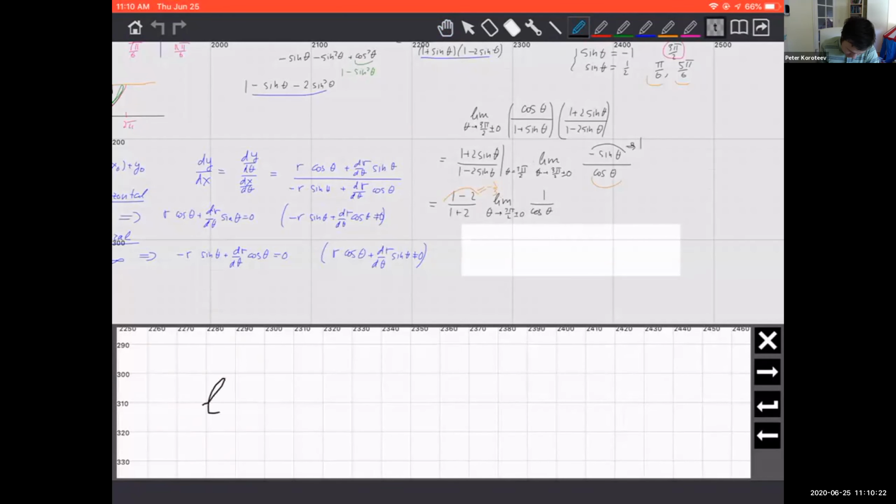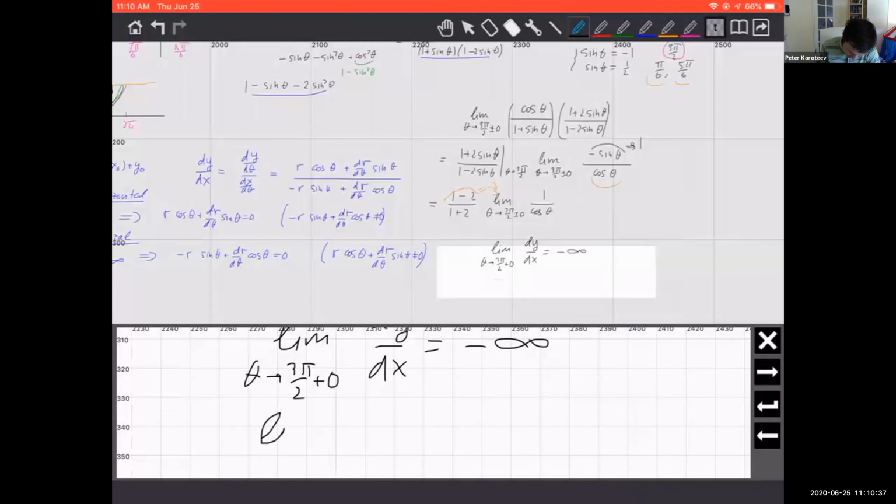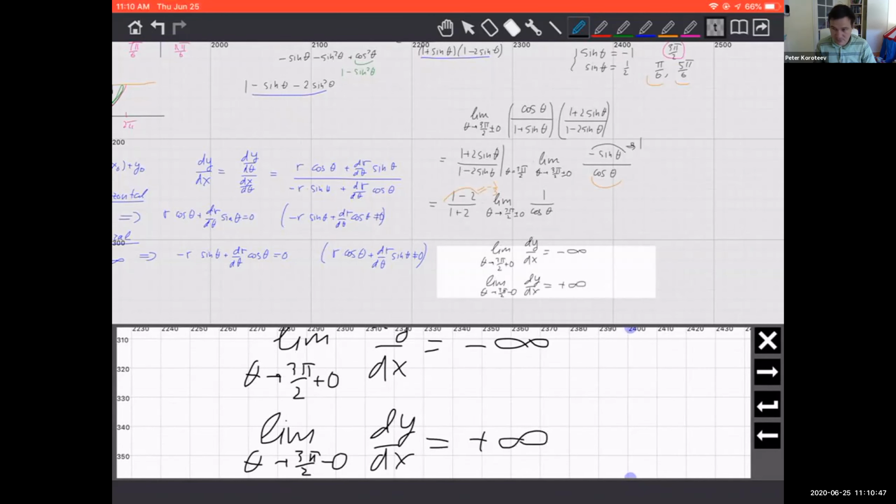The limit as theta goes to 3 pi over 2 plus 0 of dy over dx will give us minus infinity, and the limit as theta goes to 3 pi over 2 minus 0, from the left, of dy over dx is equal to plus infinity. Right, so the infinity is switched because of this minus sign.